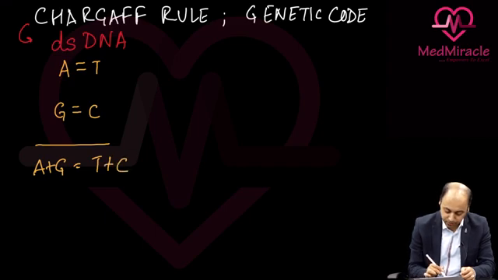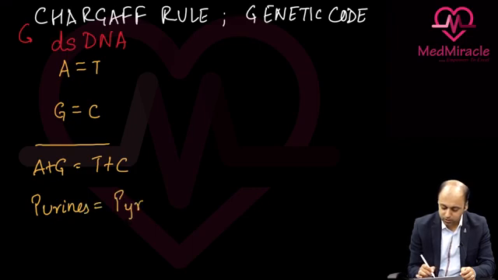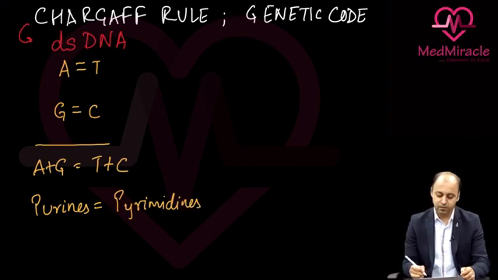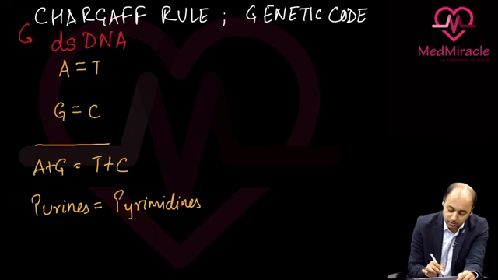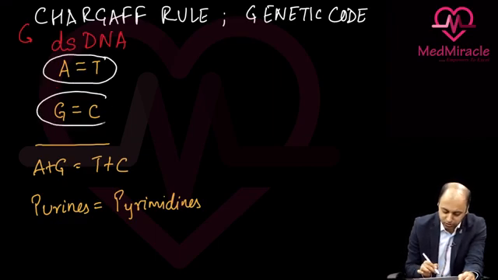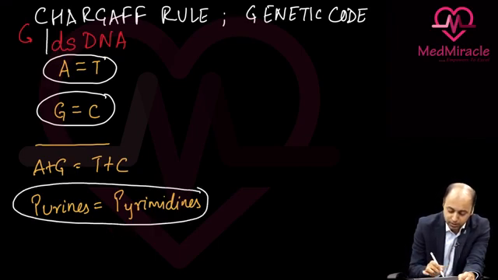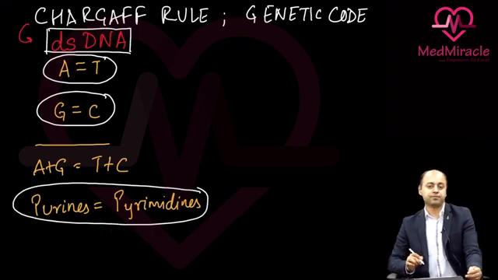In other words, the amount of purines equals the amount of pyrimidines. Now, the Chargaff rule specifies the amount of adenine is equal to the amount of thymine, the amount of guanine is equal to the amount of cytosine, and the amount of purine is equal to pyrimidine in double-stranded DNA.